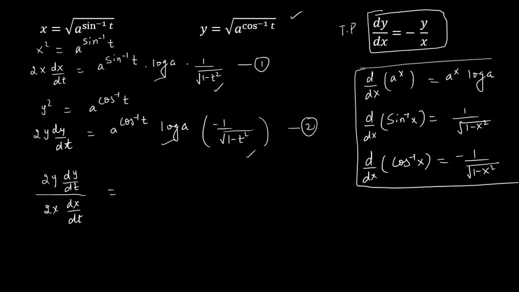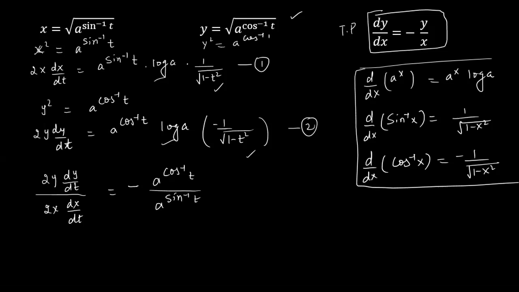Second equation is negative, first one is positive, so we get negative sign. Here we get a raised to the power cos inverse t divided by a raised to the power sine inverse t. Please remember a raised to the power sine inverse t is nothing but x square, and a raised to the power cos inverse t is nothing but y square.